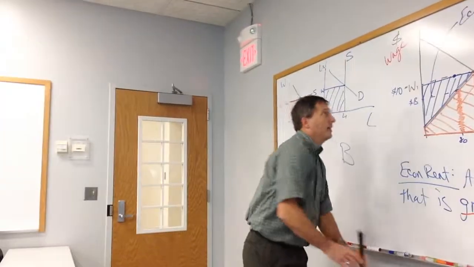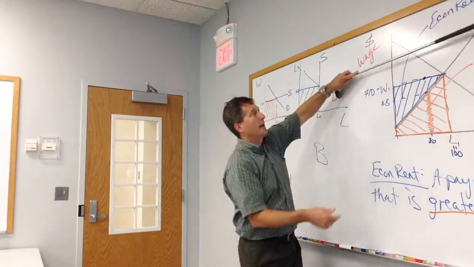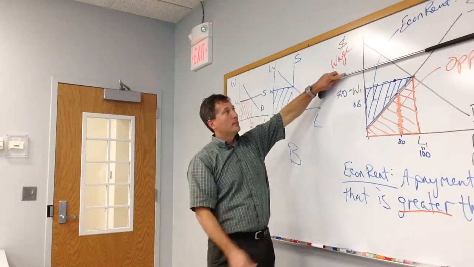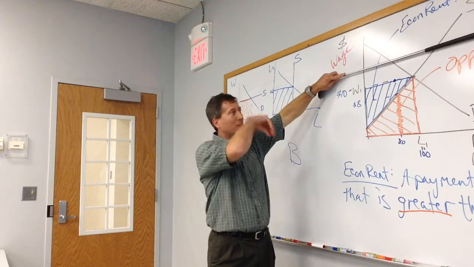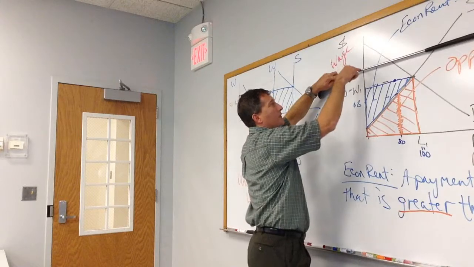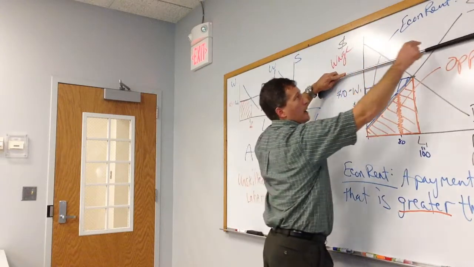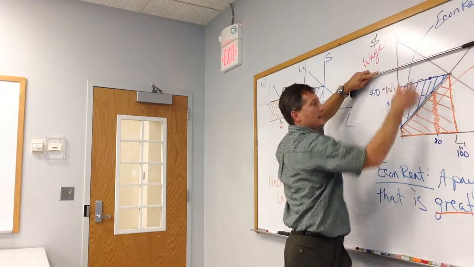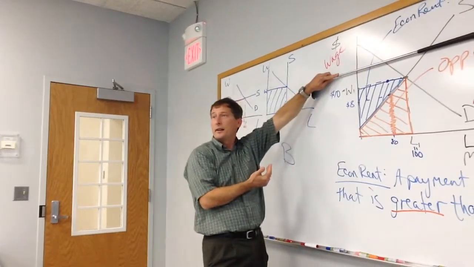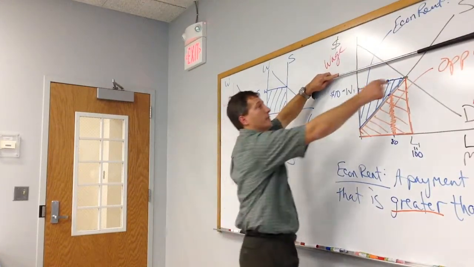So as we put in a price floor, which is what a minimum wage is, if we put minimum wage in here at $15, there's a bunch of people that would like to work, but businesses start cutting back on labor because it's more expensive, right?